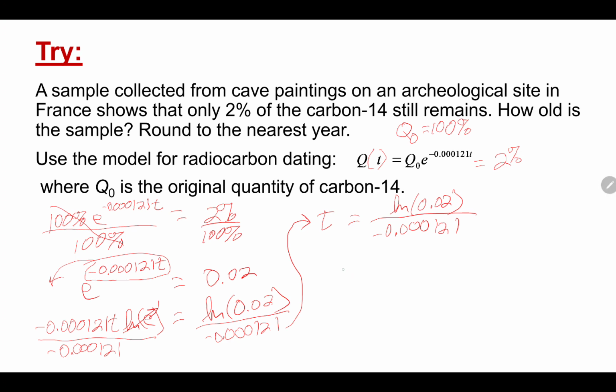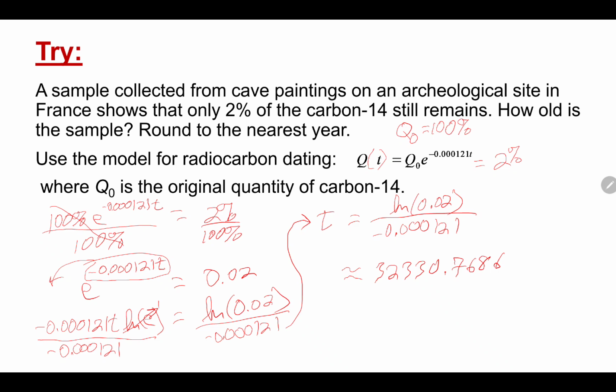So let's plug that in the calculator and see approximately what we get. We're going to round to the nearest year, but let me just approximate some of the numbers. So ln 0.02. Let's close that, and then divided by negative 0.000121, and that gives me approximately 32,331.766.